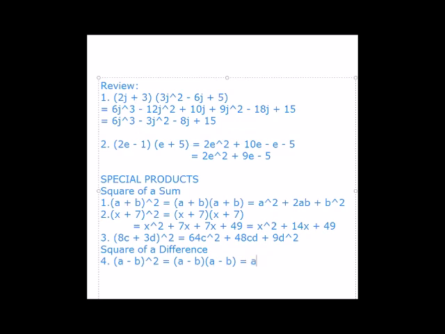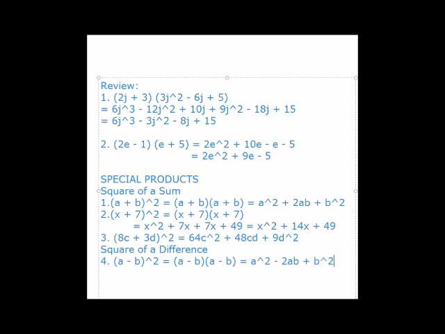Yes. And then negative 2ab. Then b squared. Plus or minus? Plus, ma'am. Yes. L, did you use the pattern already or still the FOIL method? FOIL method, ma'am. Okay. So a squared minus 2ab plus b squared.